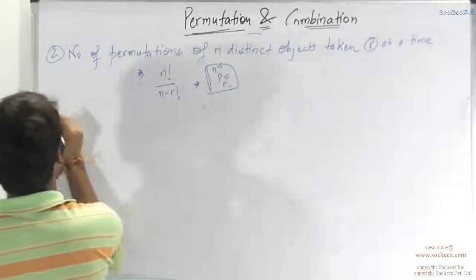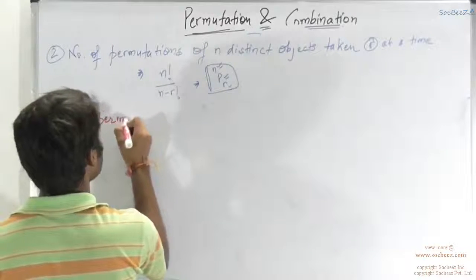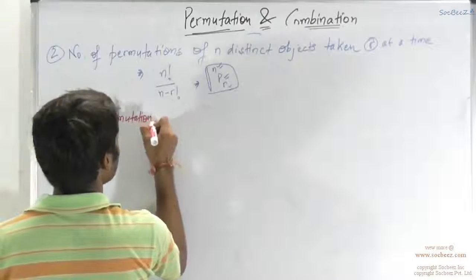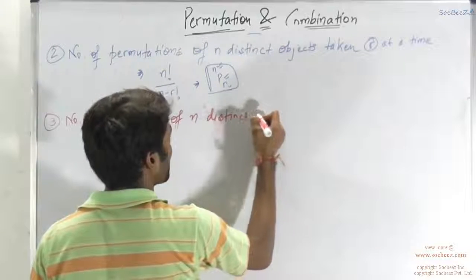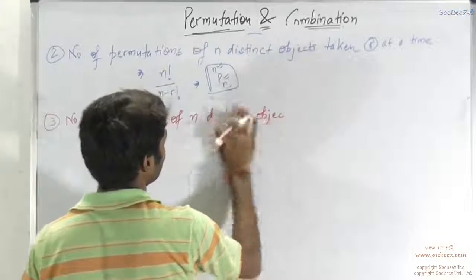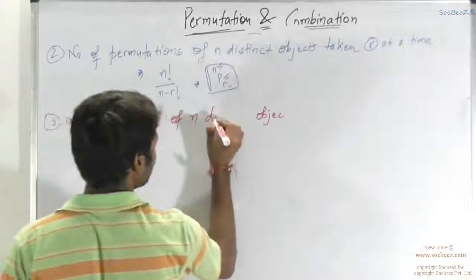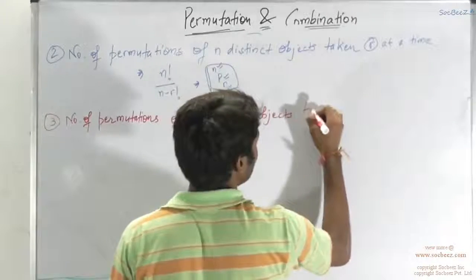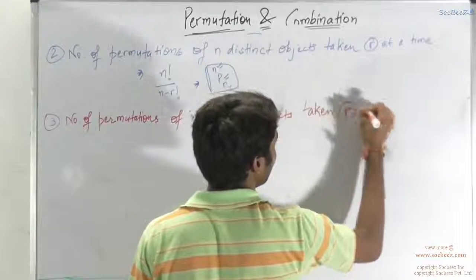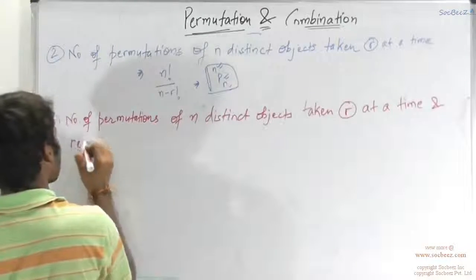So the third case would be the number of permutations of n distinct objects taken r at a time and repetition being allowed.